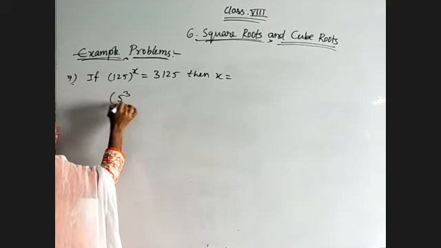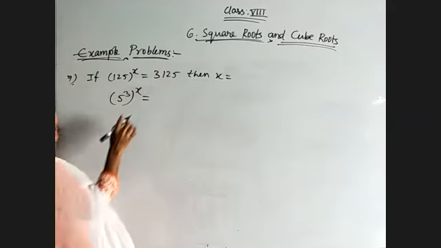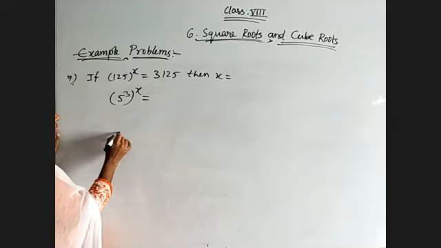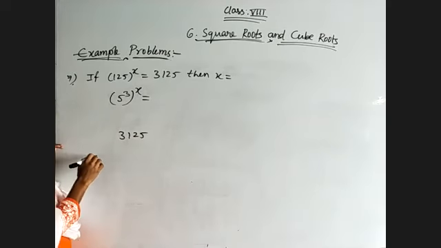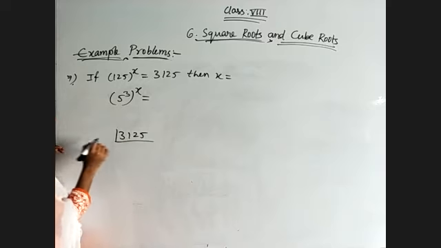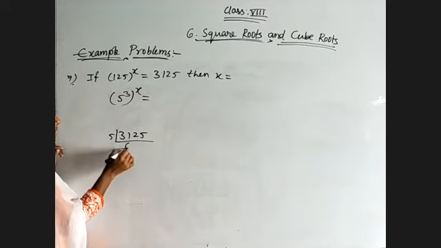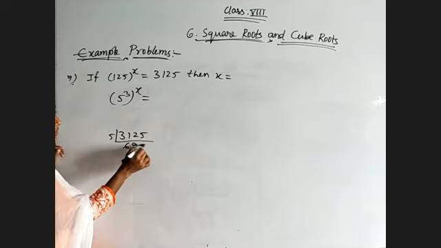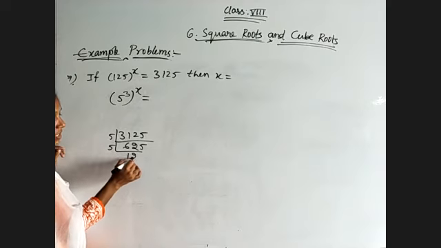That whole to the power of x, which will be equal to 3125. Also, what will be the value? Find out by using prime factorization. What will we get? 5 6s are 30, 5 2s are 10, 5 5s are 25, 5 2 5 1 is 5 2s are 5 1.